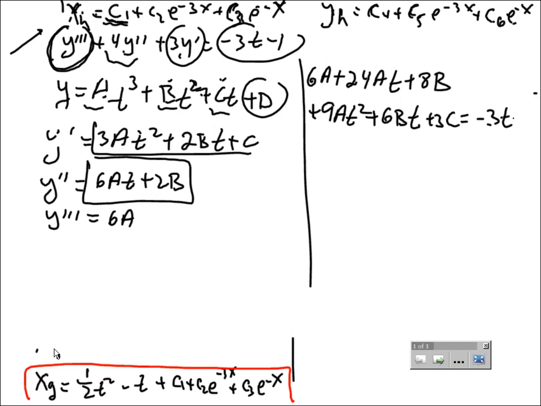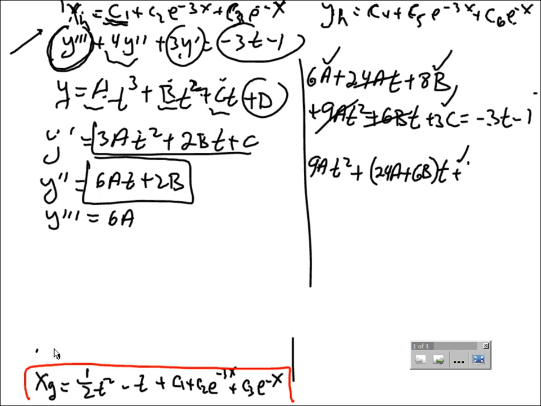Negative 3t minus 1. Now, the left-hand side, it has 9at squared. It has a number of t's. It has 24a plus 6b. How many t's we have? And then the constant is 6a plus 8b plus 3c.